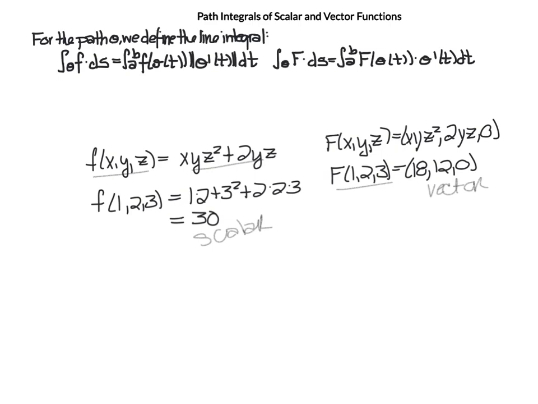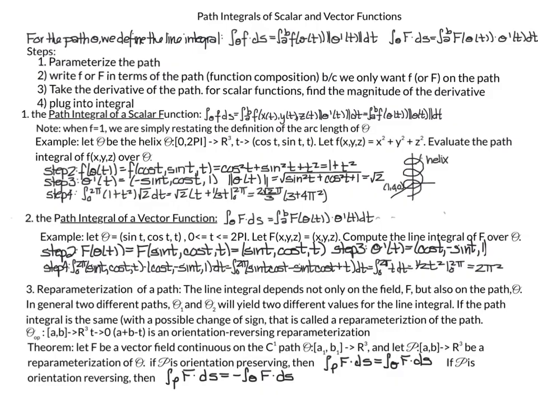The other very important thing to notice is by convention, my scalar functions have a lowercase f, whereas my vector functions are denoted with an uppercase F. So the uppercase means it's a vector field. You produce a vector. The lowercase means it's a scalar. And it would not be incorrect to write a vector field with a lowercase f because it is a function, but by convention, it should be an uppercase.